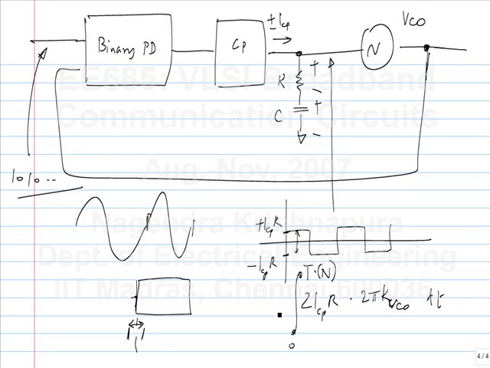Okay. So, if you just have 1010 data, this is just t. Anyway, whatever it is, this integral is very simple to evaluate. So, this is 4 pi ICPR kVco times n times t.